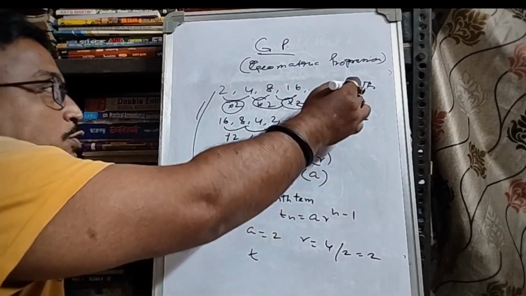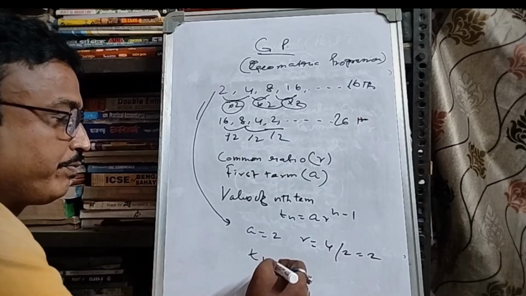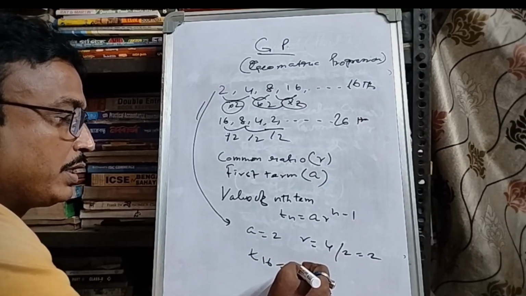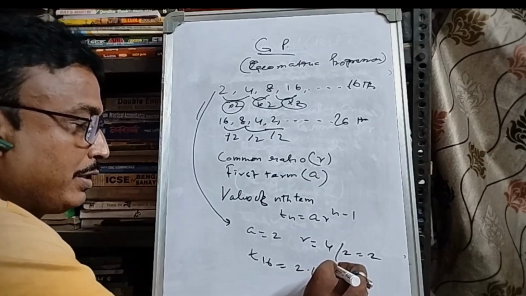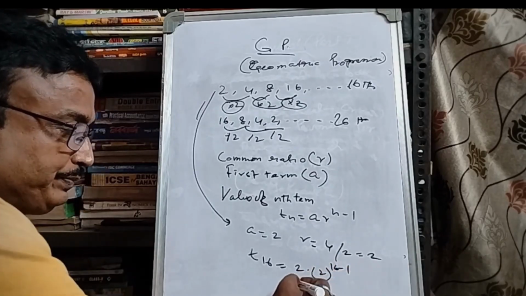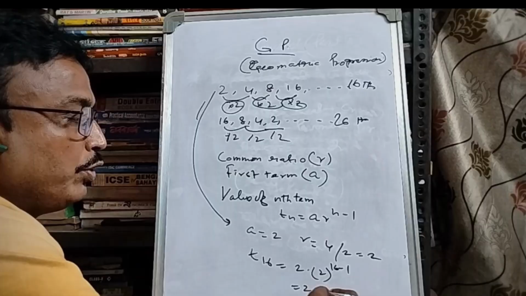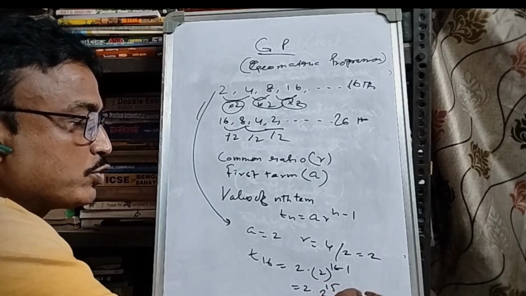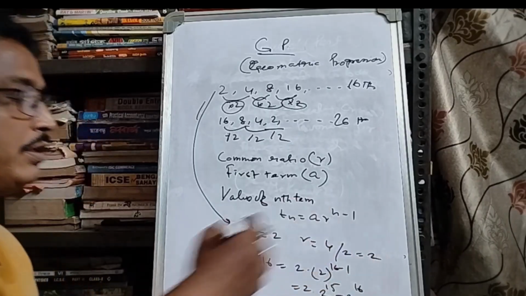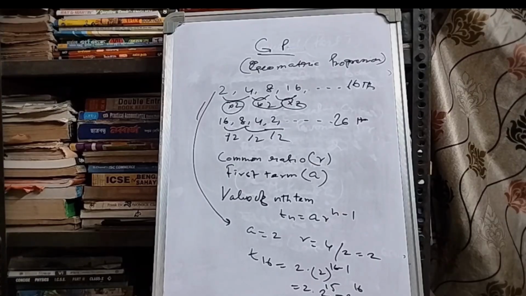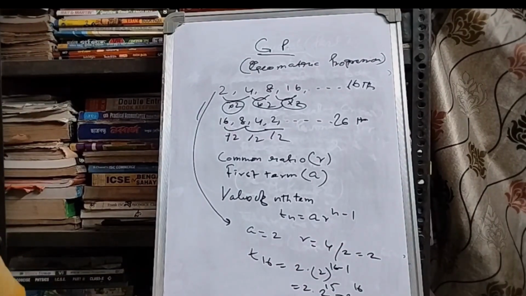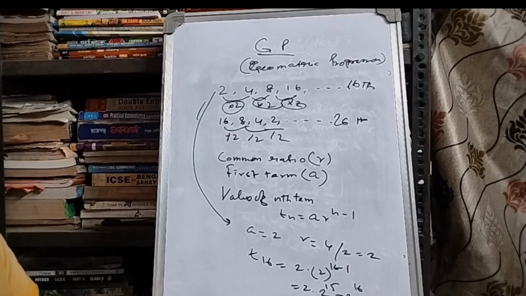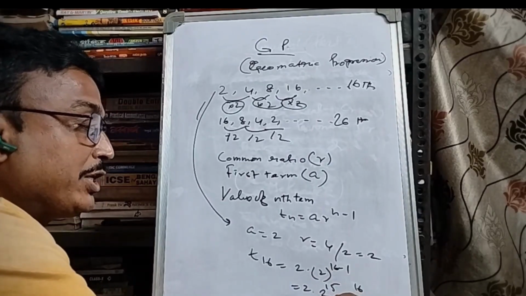So we have to find out the 16th term: a r to the power n minus 1, 2 into 2 to the power 15, that means 2 to the power 16. You may find out the value, or otherwise you may put it as it is.